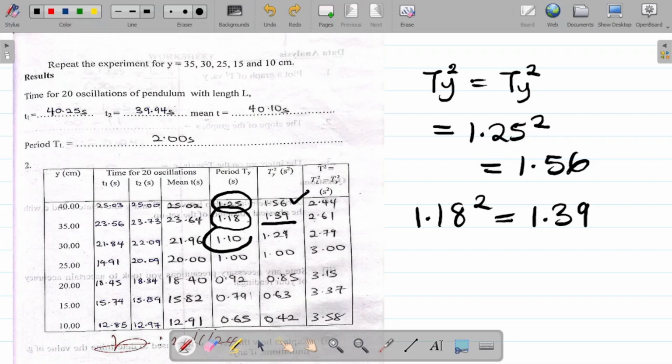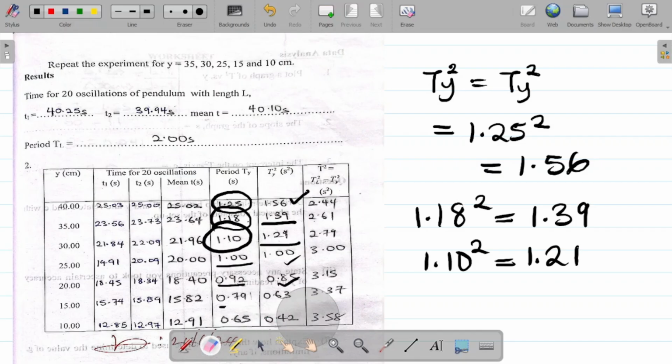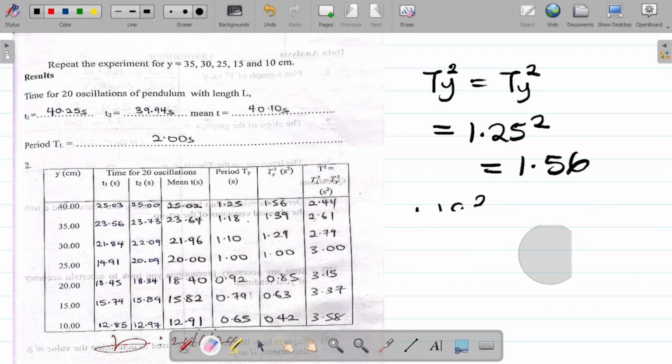Square this one here, 1.10. 1.10 squared, and you have 1.21. So that's basically how you get that value, right? So square each of these ones here and you get this value, this value, this value, and then this value. So that's how you can fill this for your own practical manual.